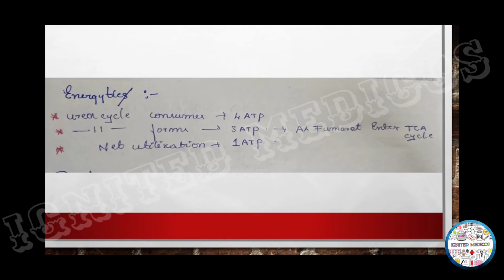Clear? The cycle is incomplete without looking into the energetics. Let us have a look. We already know from the urea cycle that 2 ATPs are consumed in the first step, and two more ATPs are consumed in the third step. So totally there are 4 ATPs consumed in the urea cycle, and the urea cycle forms 3 ATPs. How are these 3 ATPs formed?